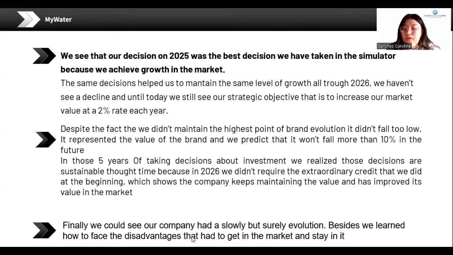In those 5 years of making investment decisions, we realized those decisions are sustainable through time because in 2026, we didn't require the extraordinary credit that we did at the beginning, which shows that the company keeps maintaining its value and has improved its value in the market.